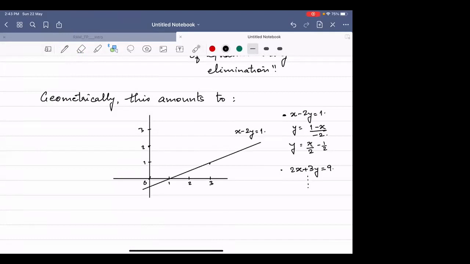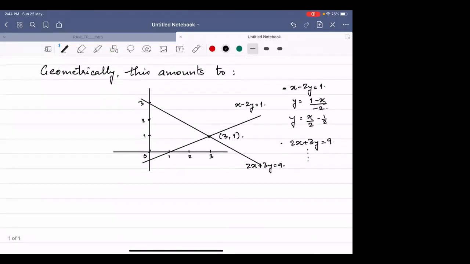All right, so that's my line x minus 2y equal to 1, and the other line 2x plus 3y equals 9 has y-intercept at 3, and it also passes through this point. I hope that will be straight. Yes, okay. So this is my other line, 2x plus 3y equals 9. And this here is the intersection point 3 comma 1.